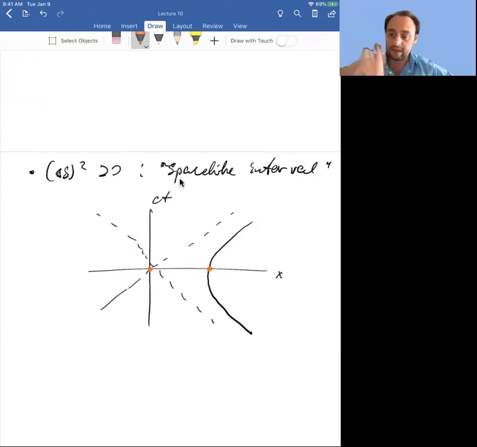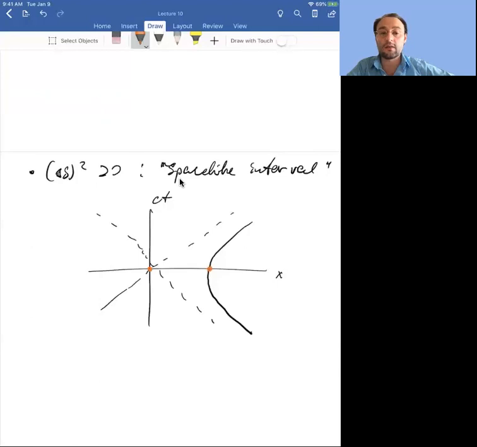So I'm always placing event 1 at the origin. And so if an interval between event 1 and event 2 is space-like, you can always find the coordinate system in which that second event occurs at the same time as the first event. You can always find the Lorentz transformation that takes you into that coordinate system.